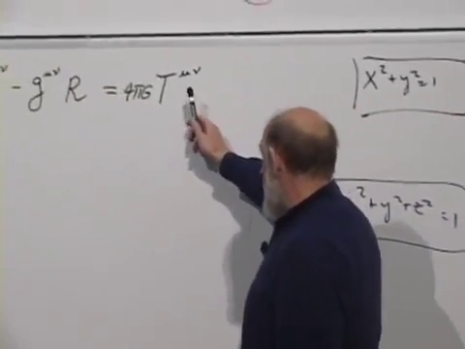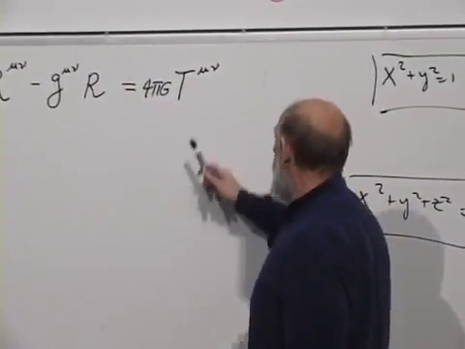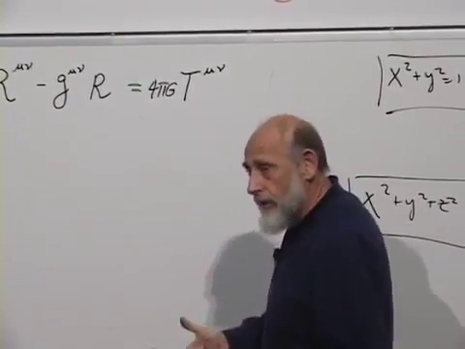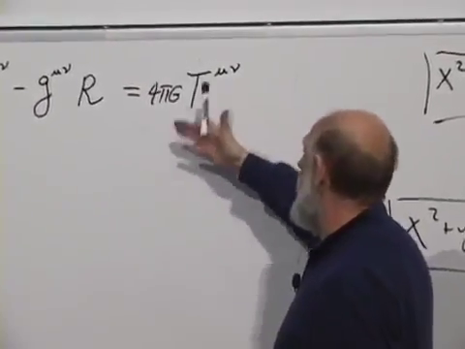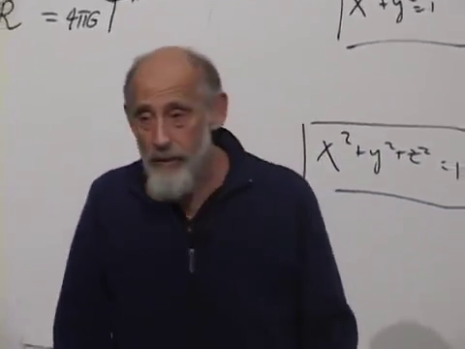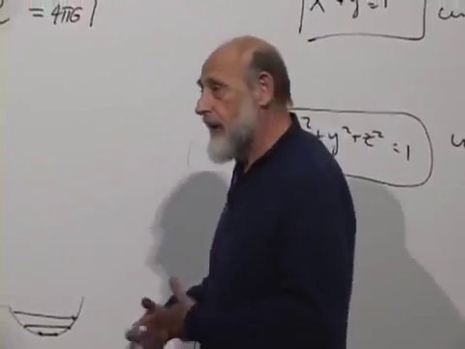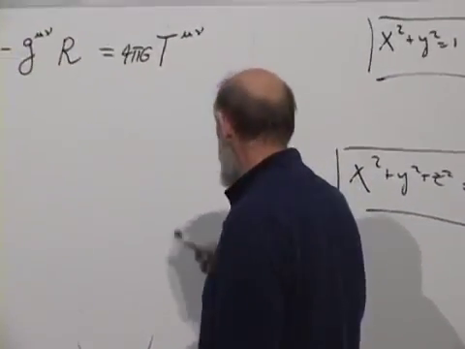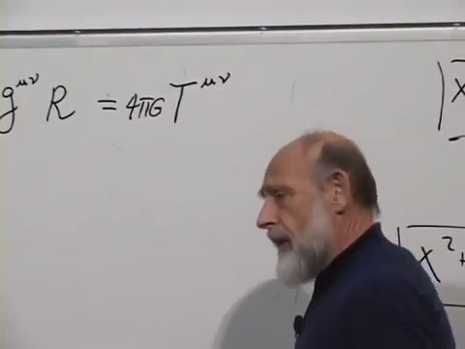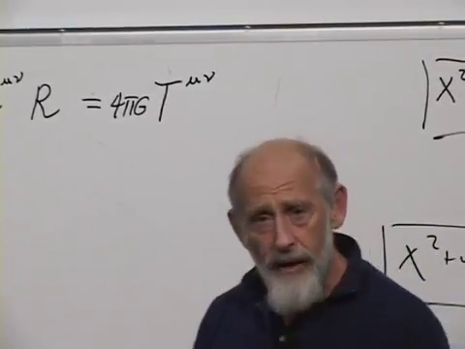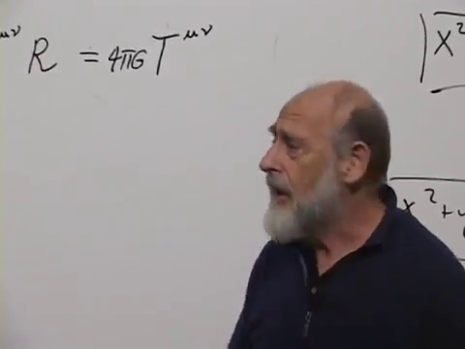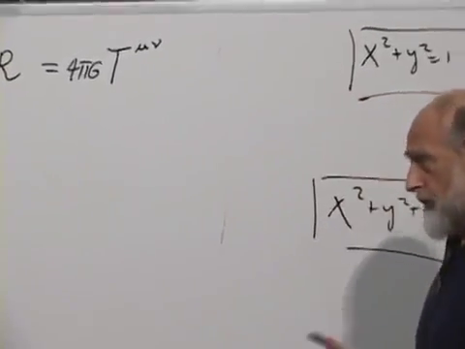The right-hand side has components of the energy momentum tensor, which mean things like energy density or mass density, depending on whether we want to use E equals mc squared to relate energy to mass. When c is equal to 1, the right-hand side contains things like energy density and momentum density and so forth. We're only going to need one of these equations.